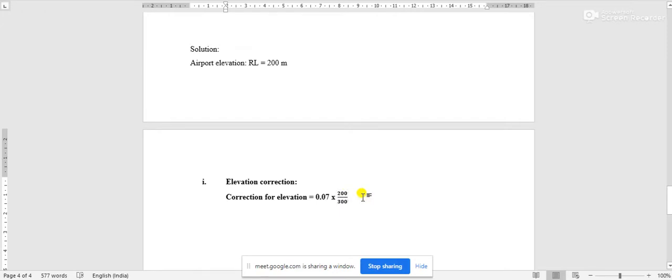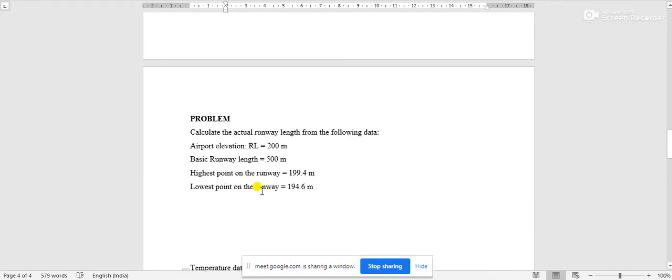This is the rate of elevation correction, and that is for 500 meter of basic length of runway. Basic runway length is given, that is 500 meter.